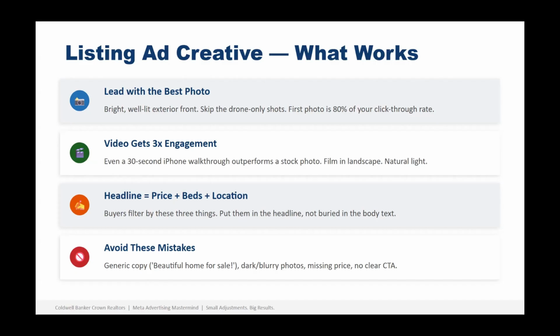Yes, drone video works better, but not when you're super high up, right? You've got to be very particular about where you are. We've all seen those videos where people put the first picture on the MLS of the drone photo, but all you can see is the roof of the house.